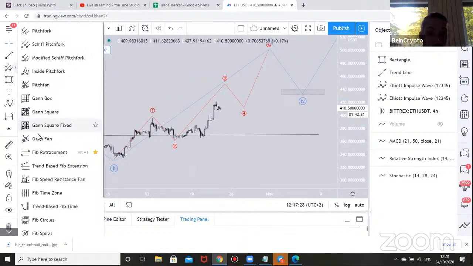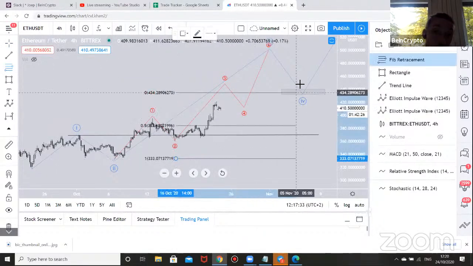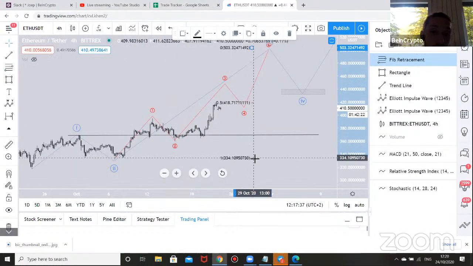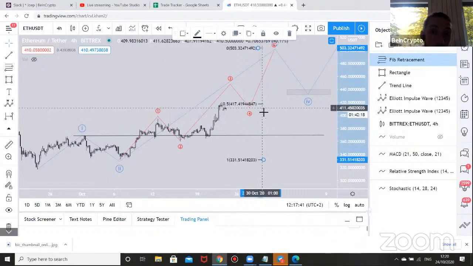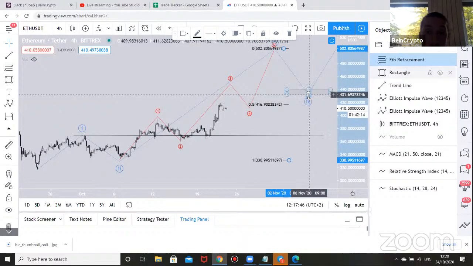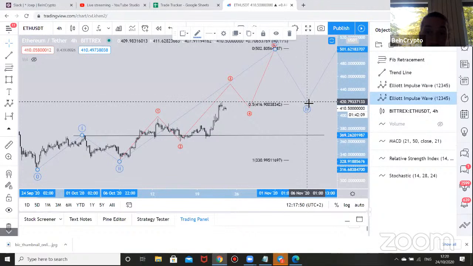Now, again, I'm assuming that this movement will actually continue. Right, and the price retraces all the way to the 0.5 fib. So a bit lower.